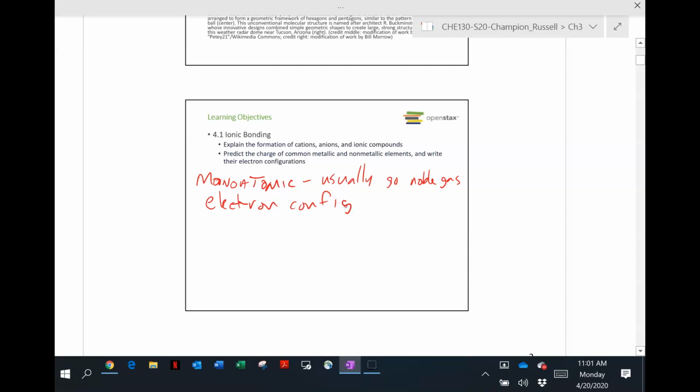So if you're looking at nitrogen, oxygen, fluorine, neon here, this is a little bit of the periodic table. Neon is our noble gas.